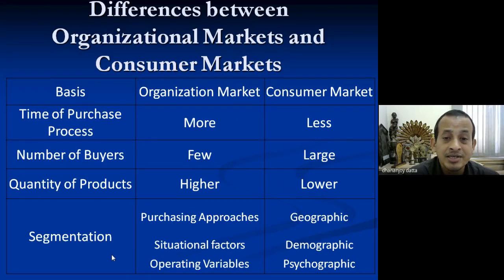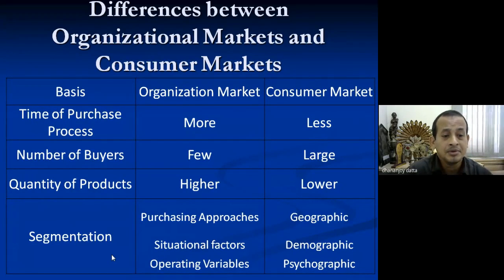But in organizational buying, the quantity required will be high. For example, one company purchasing pens and paper. A consumer can purchase three or four pens, but when an organization purchases, they may purchase in bulk, huge numbers, because they need to give pens to all employees. So if there are 100 employees, 100 pens, or 500 employees, 500 pens.